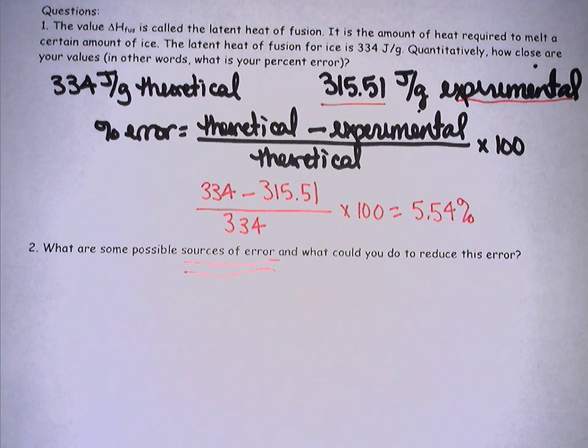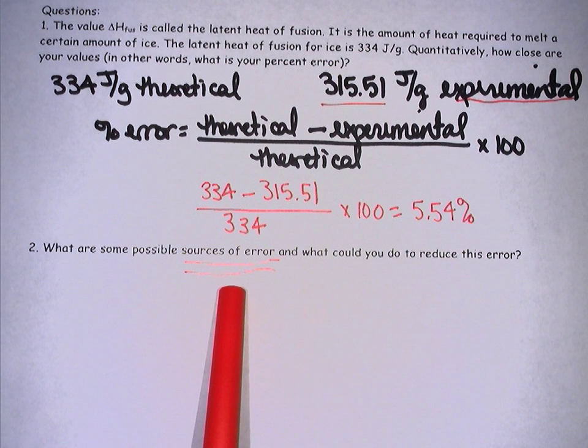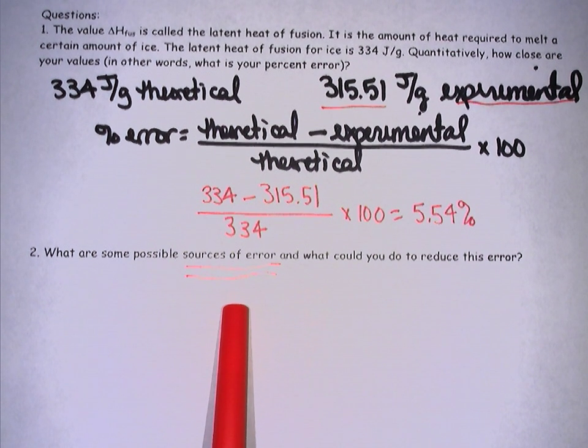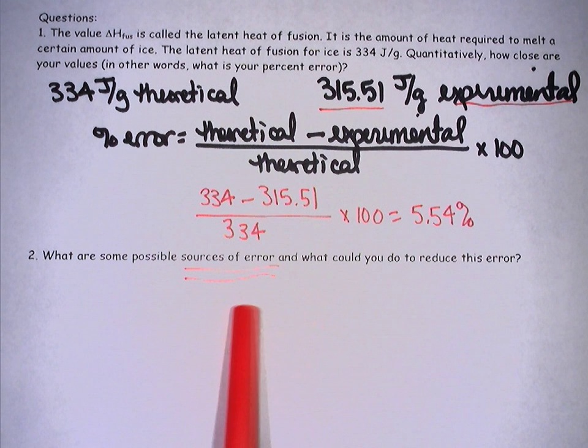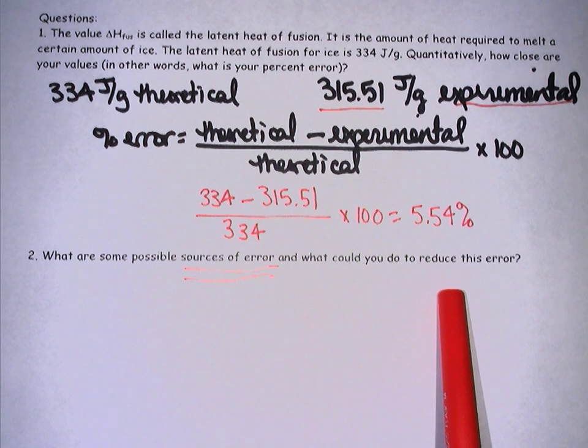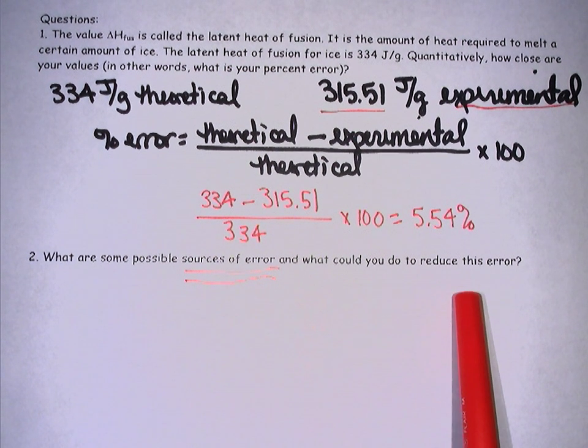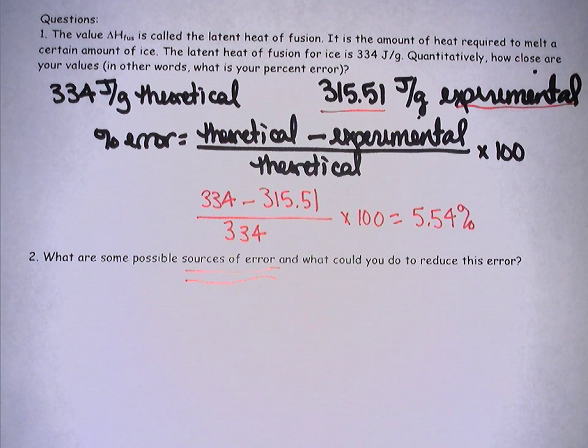So think about the procedure. Think about how you did the lab. Think about the energy from heating up the water to melting the ice, and talk about where these sources of error came from, whether you are able to avoid them or not. If you are able to avoid some of the error, how could you make your error even smaller? What could you do in the lab procedure to do that? So go through that now.